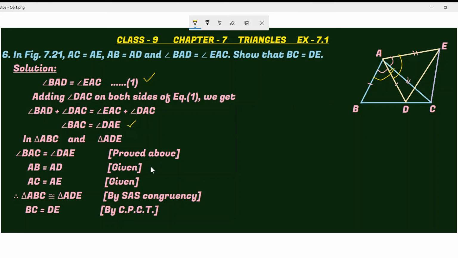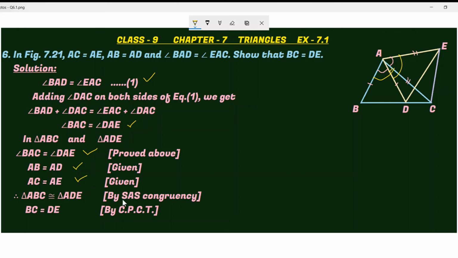Now we have to consider triangle ABC and triangle ADE. Already we have proved above that these two angles are equal to each other, and these two sides are given in the question: AB is equal to AD and AC is equal to AE.